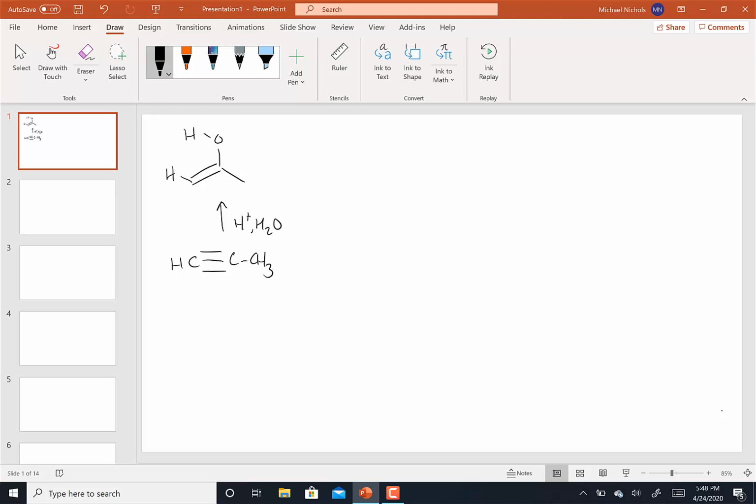We then said that enols, for the most part, are unstable, which is true. We'll get into a couple of examples of enols that are stable.